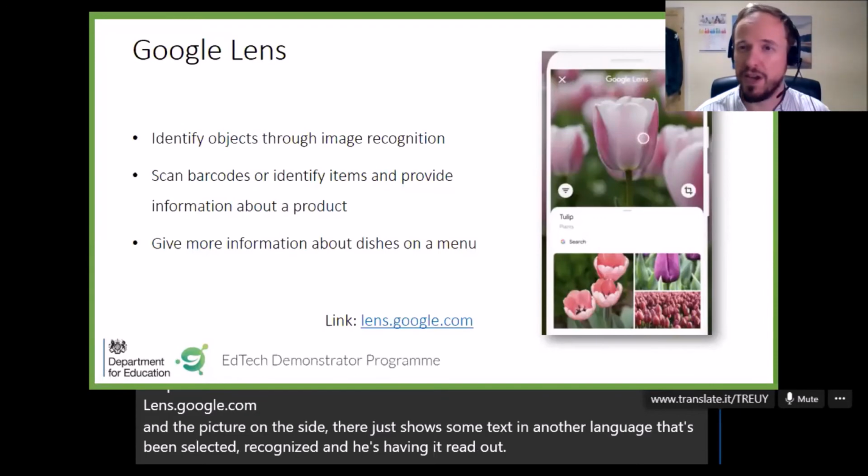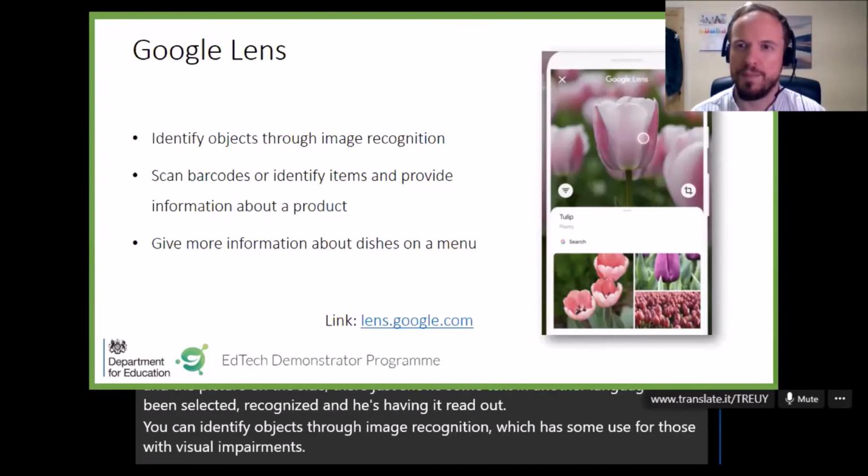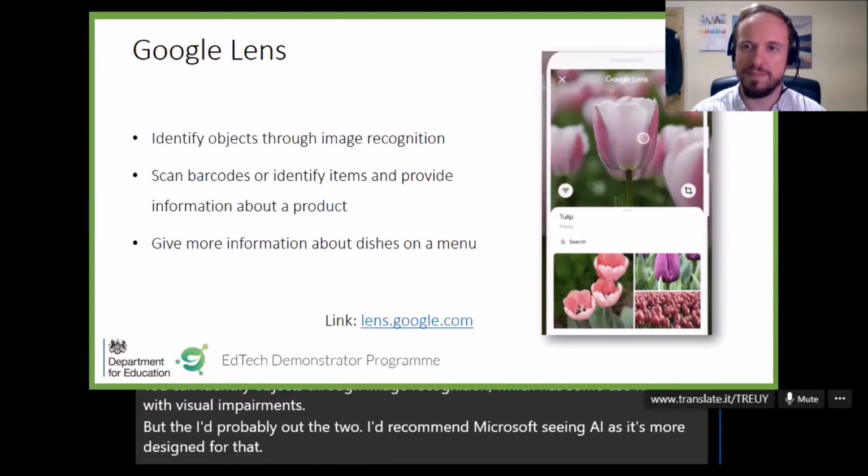You can identify objects through image recognition, which has some use for those with visual impairments. But I'd probably, out the two, I'd recommend Microsoft Seeing AI, as it's more designed for that, and a more simple interface, so you can navigate it with visual impairments.